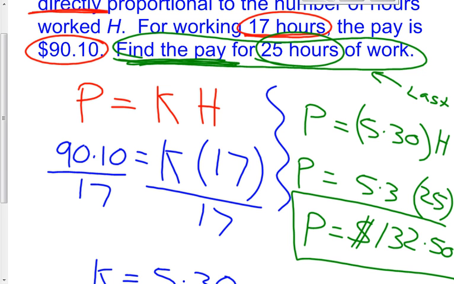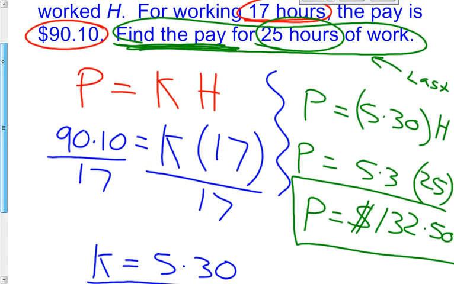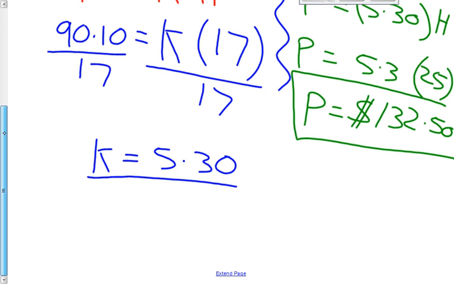Once again, class, when you get a price like this, it's all perspective. If it's a job that you do not like and it's very difficult and it's hard work, getting paid $5.30 might not be a great thing. However, if I were to get paid $5.30 for just shooting free throws, well, I love playing basketball. I like doing stuff like that, so that might be a good pay for me. So it's all perspective, but he gets paid $132.50.